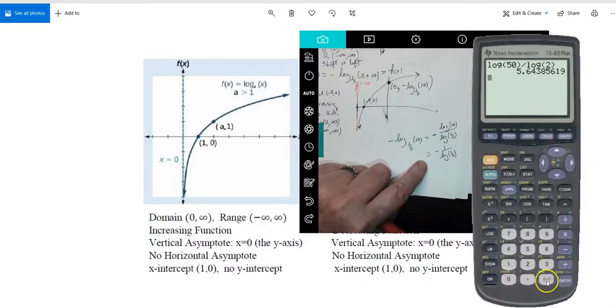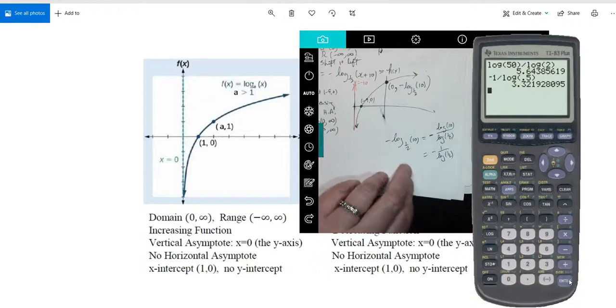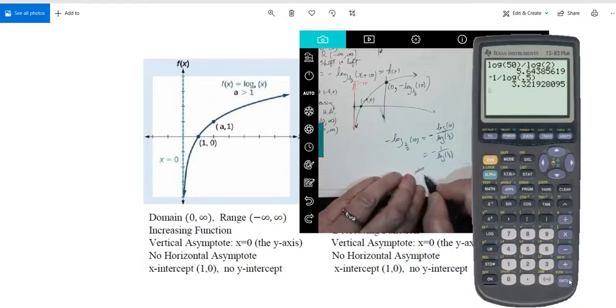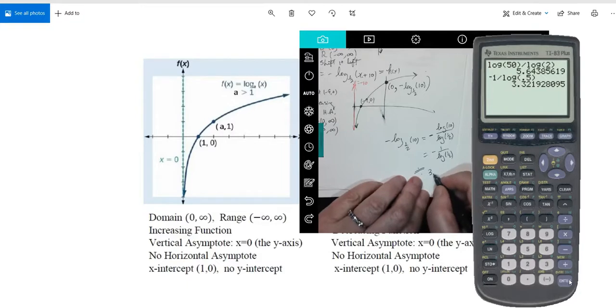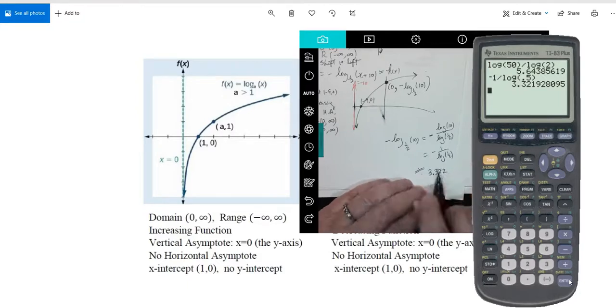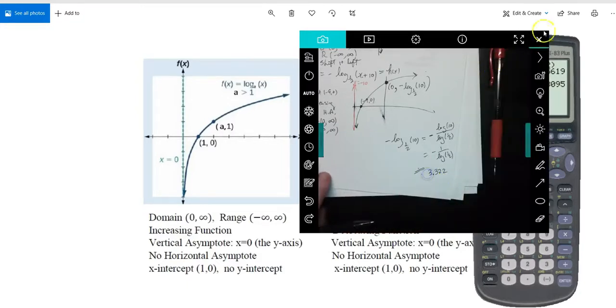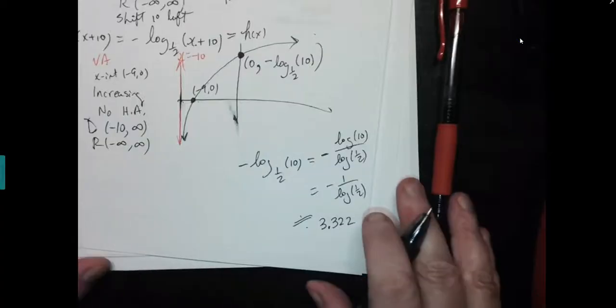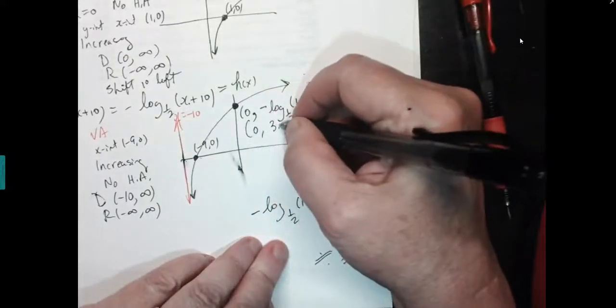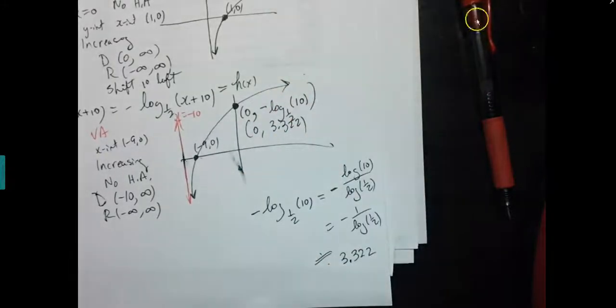So if I want the negative of 1 over the common logarithm of a half, which I'm just going to put in here as 0.5, that is approximately, if I take it to 3 places, 3.322. Okay. And so that is where this would be. And that ends this video.